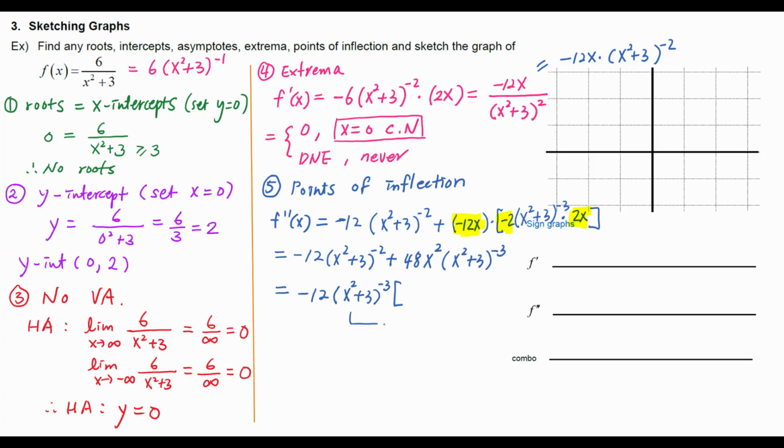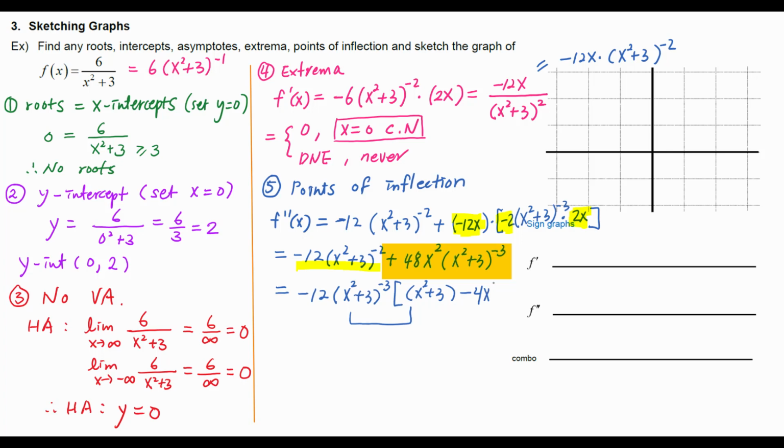So then what do you have to multiply with what you factored out so that you can have your first term back? That will be x squared plus 3 to the positive 1 power, since we add exponents of the same base when we multiply. And then negative times negative gives you positive. 12 times 4 is 48.